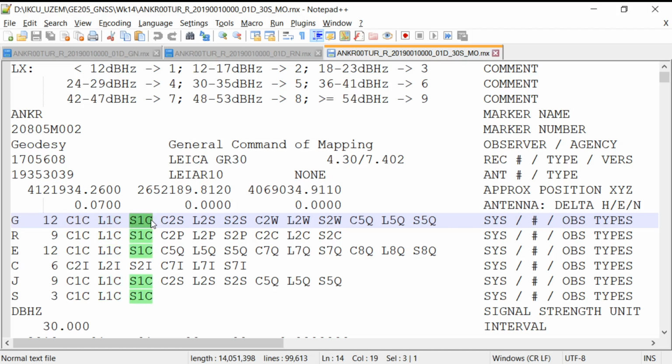This is the value which is provided for some certain users, but we will skip this information within our lecture. So as you see, this is the first block, and the second block begins with C2. The number increases from 1 to 2. This is the first signal, and this is the second signal, which means the carrier phase for the L1 frequency, the first frequency, and the carrier phase for the second frequency.